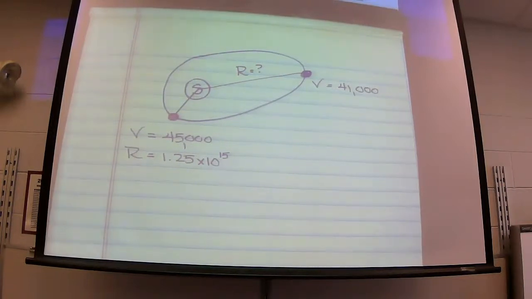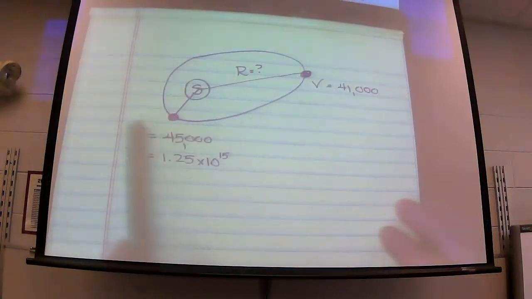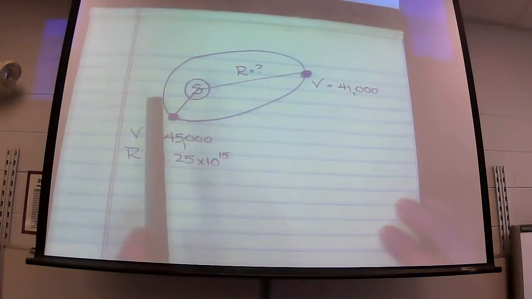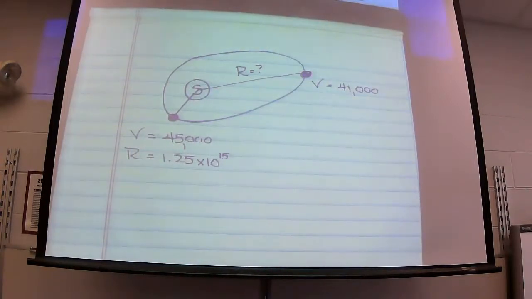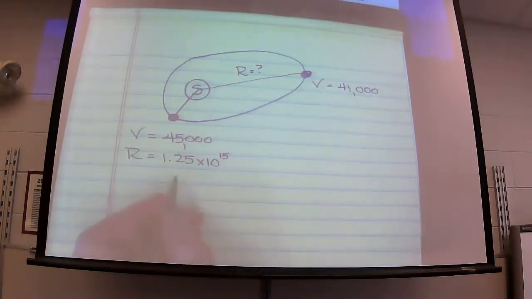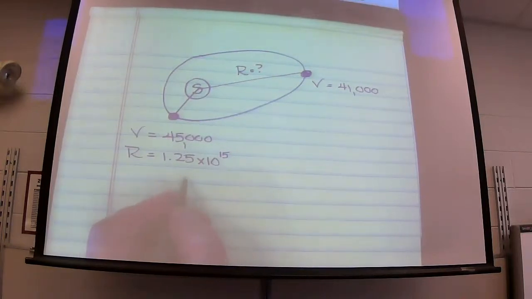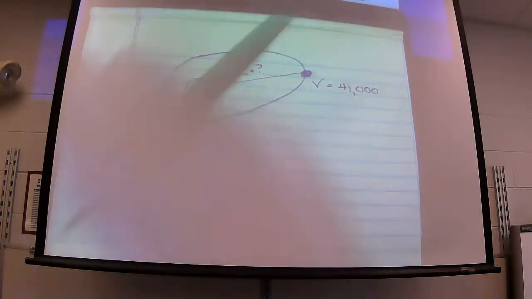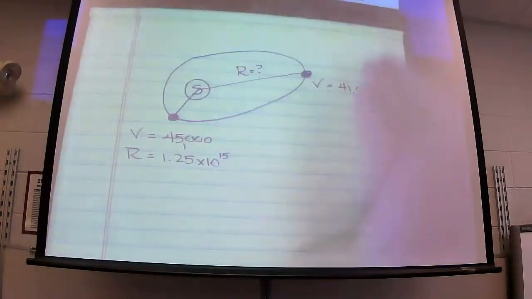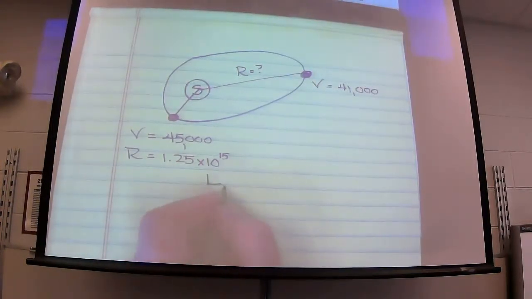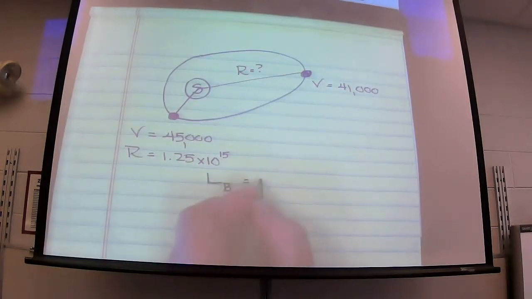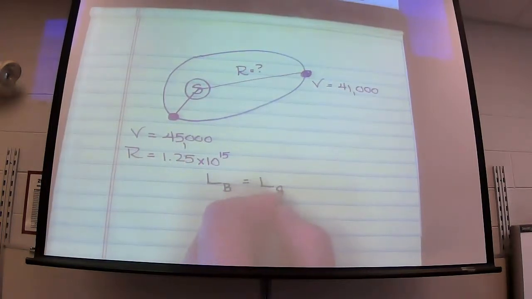You have to say, this is kind of like the merry-go-round where the object is changing its location. And by the way, it is rotating around the sun. So I'm going to write down the momentum before equals the momentum after.